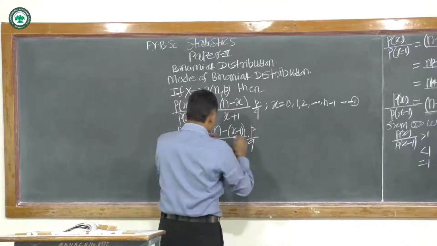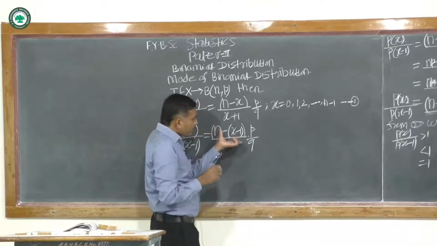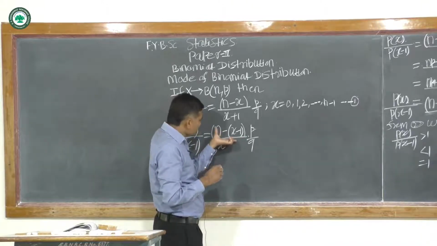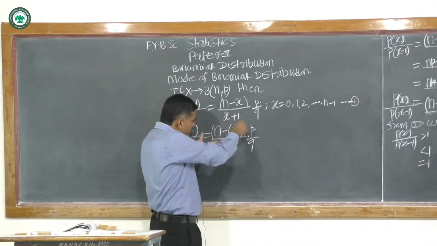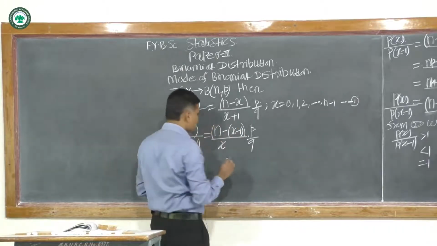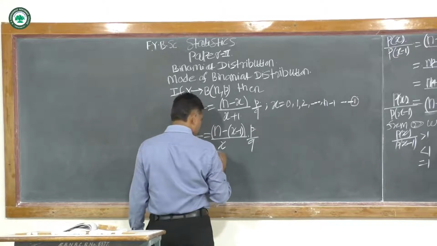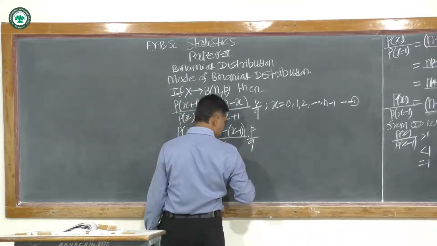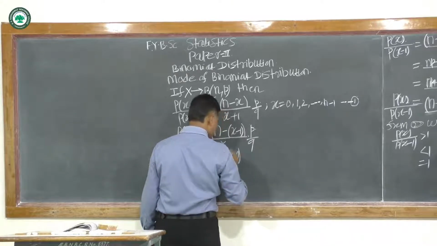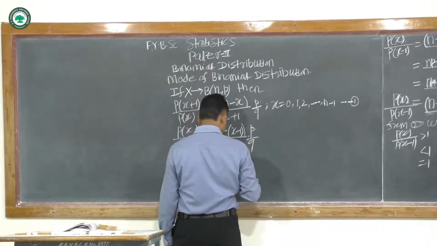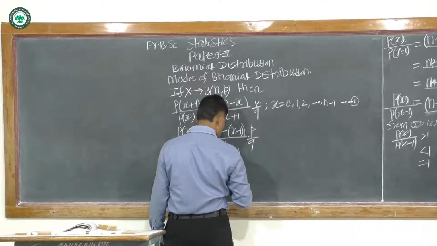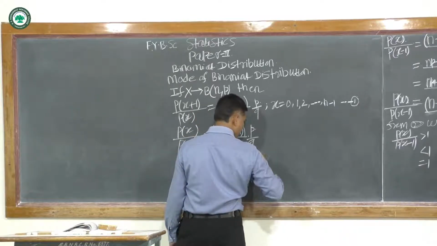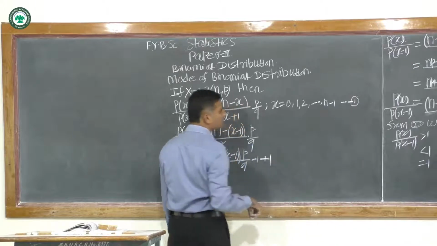Then we add 1 and subtract 1 from this term, so this term remains constant, which is equal to n minus (x minus 1) upon x into p by q minus 1 plus 1.